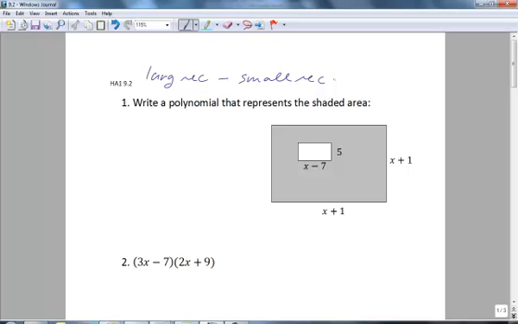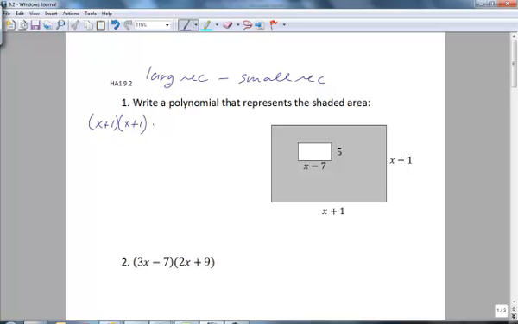So, as mentioned, we have two rectangles. How do you find the area of any rectangle? Of course, it's base times height. So the large rectangle's area is going to be x plus 1 times x plus 1.